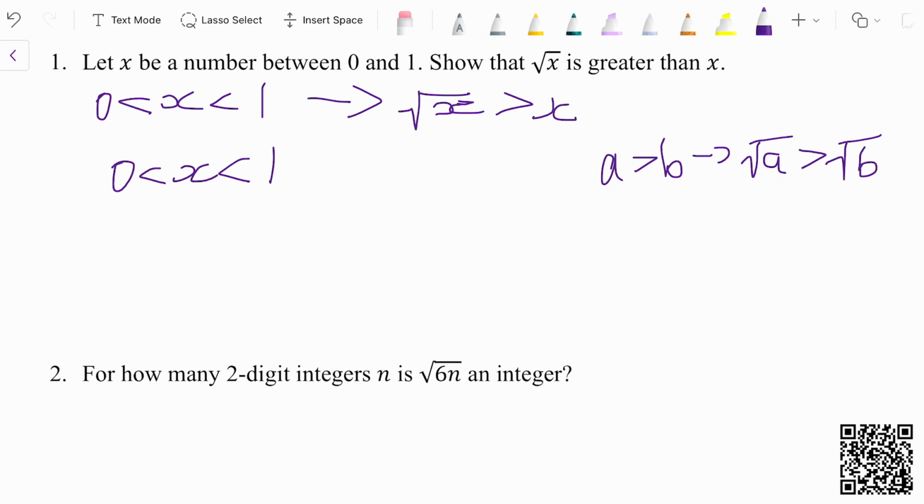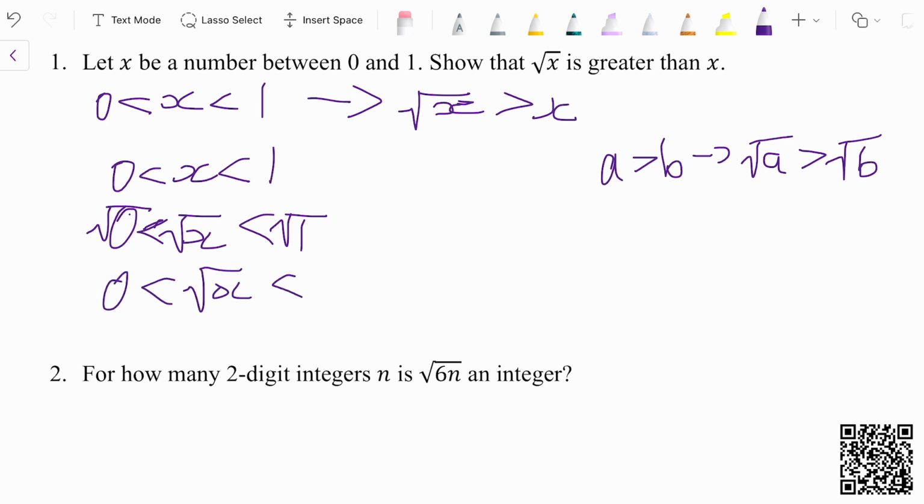If we square root both sides, we have the square root of x instead of x within our conditions, which will make our working easier because now we have the term we're trying to work with. The square root of 1 is just 1, and the square root of 0 is just 0. So now we have this inequality.